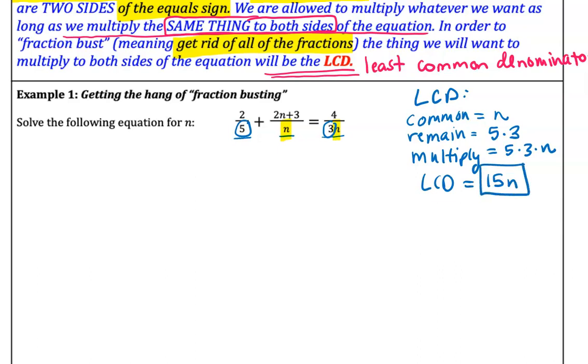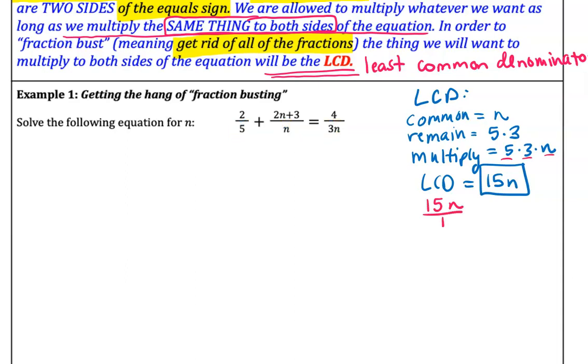There we go. If I multiply that to each part of the equal sign, because this LCD contains the factors that can be found in my denominators, it will in effect get rid of all of those denominators. So when I multiply by the LCD, I'm going to multiply by the LCD over 1.